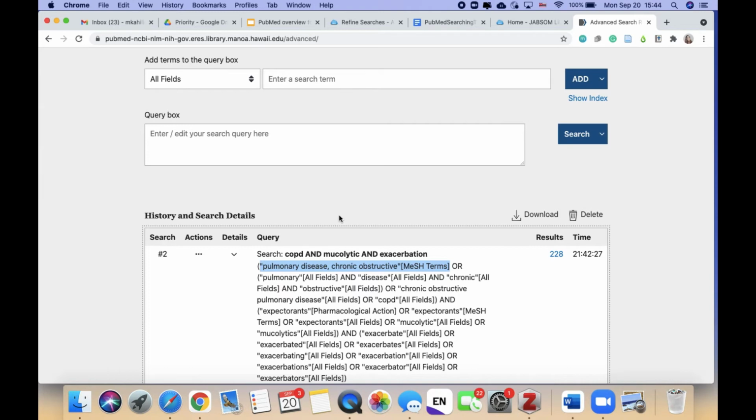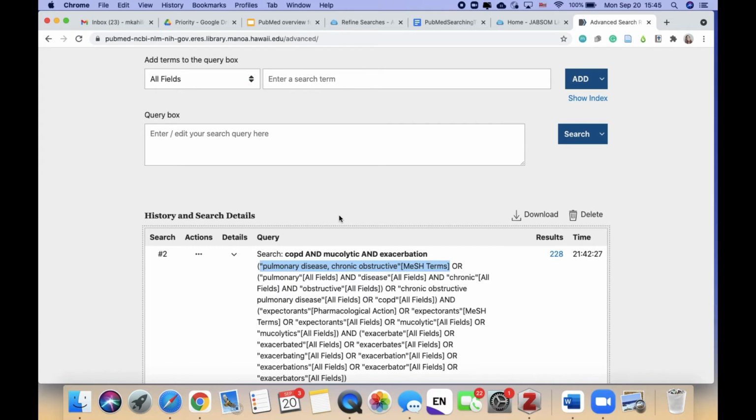There are lots of different ways of referring to COPD or heart attacks or cancer, but by assigning an agreed upon term, it brings all of those articles that may have referred to a disease in a different way together. So you don't have to think of all the different ways of referring to COPD. It pulls all of that information together for you.